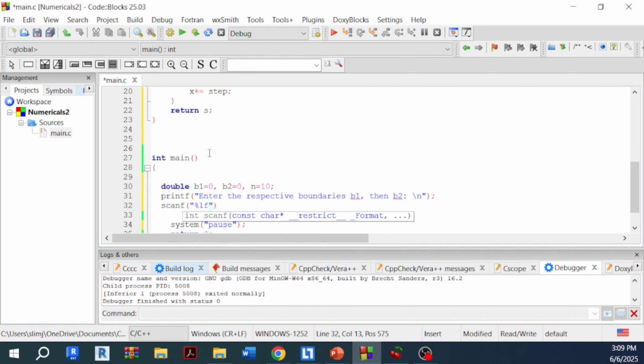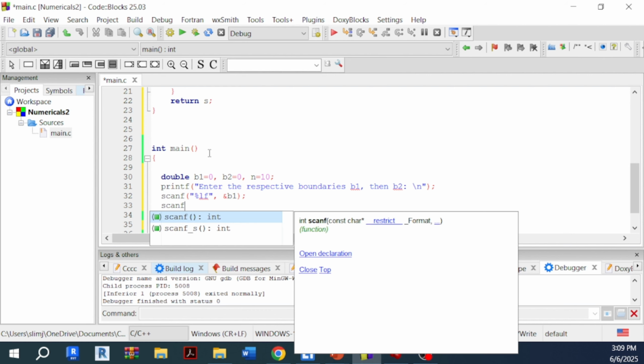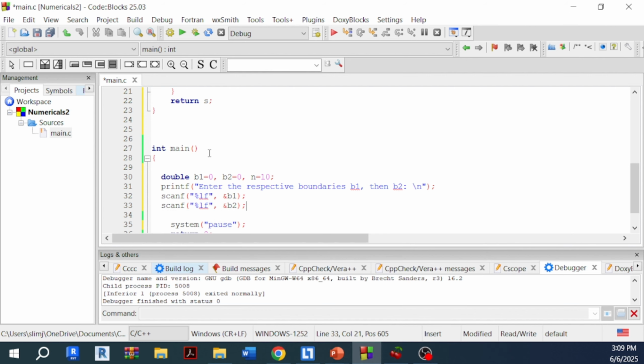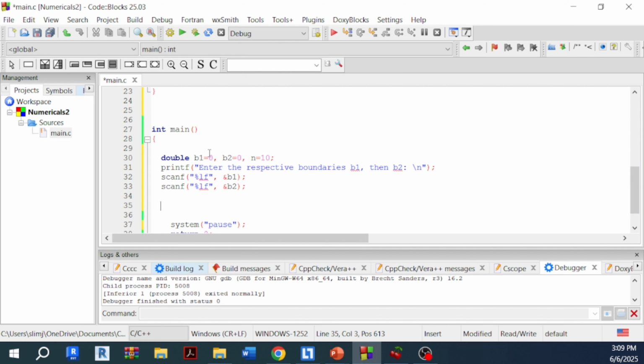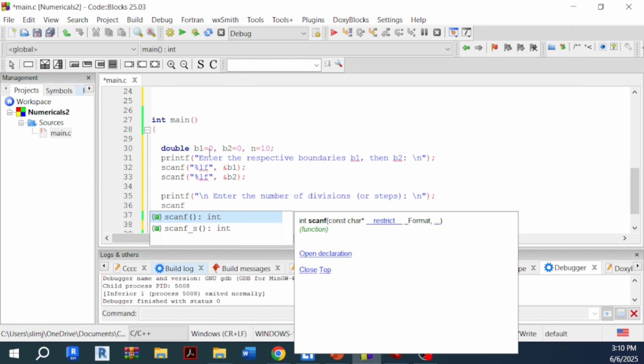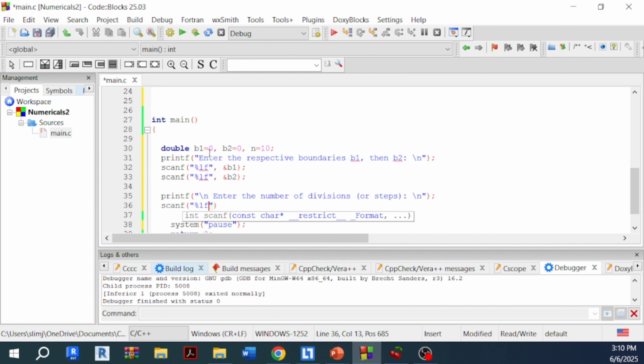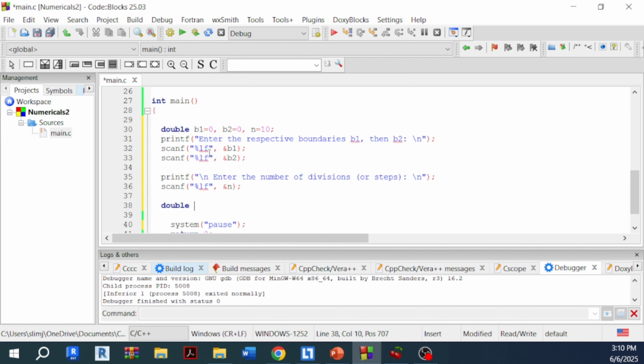Scanf %lf because it's a long float, and ampersand b1. Same thing for b2, scanf %lf. Then I'm going to prompt the user to enter the number of divisions. Printf, enter the number of divisions, or steps, newline, scanf, %lf for long float, and ampersand n.